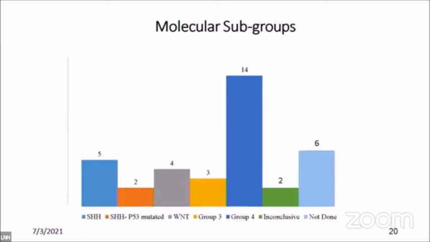She has a $500,000 grant, and because of that grant, we were able to send our slides to the Sick Children Hospital for molecular classification. Of those, 5 came as sonic hedgehog, 2 of them were sonic hedgehog with P53 mutation, 4 were WNT, 3 were group 3, 14 were group 4, and 2 were inconclusive.